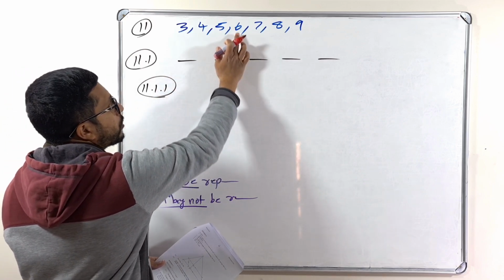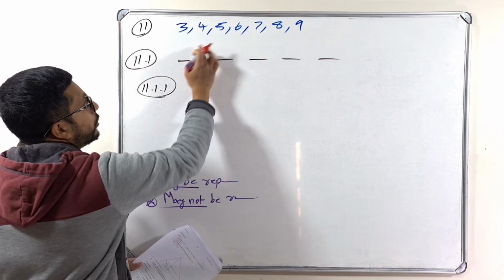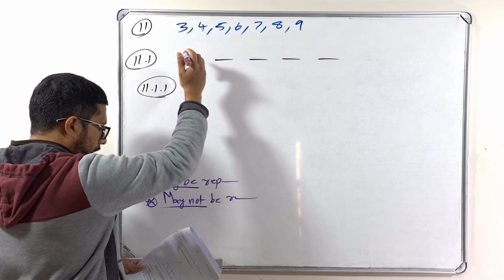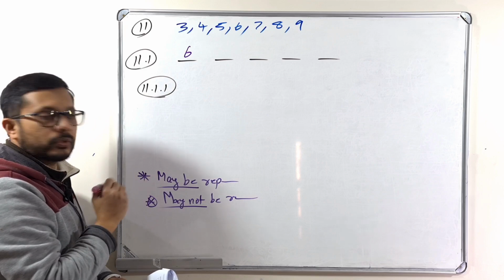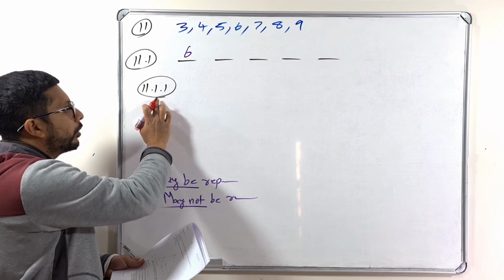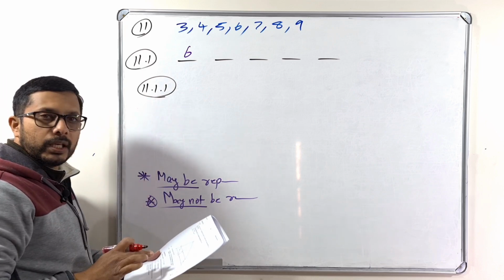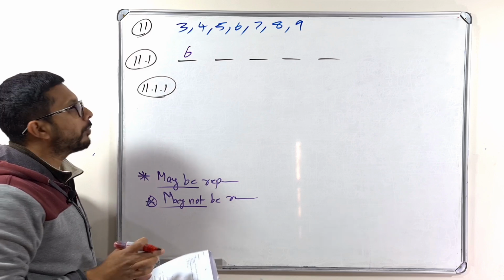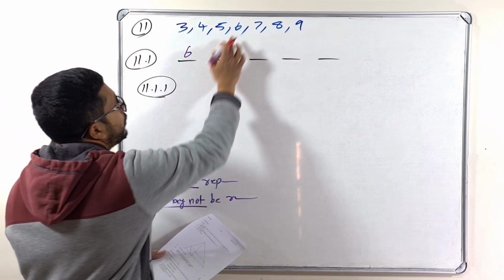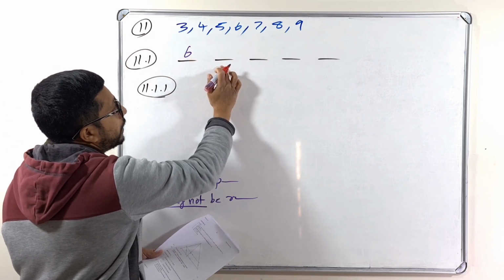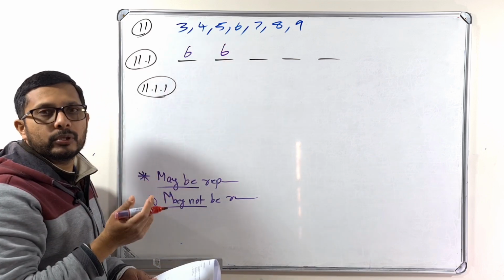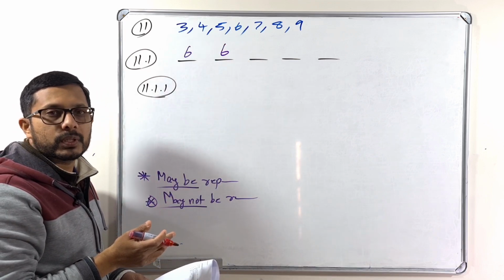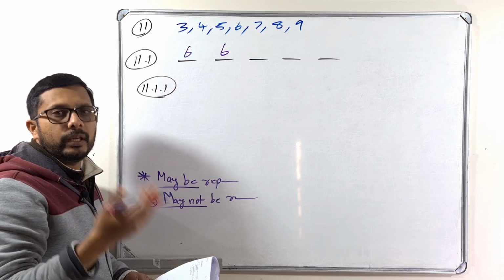5. Assume that I choose 6, and I write it here. What is our question? 11.1.1, may be repeated. May be repeated means that I choose 6, then here also I don't have any problem writing 6 again, because the condition is may be repeated.